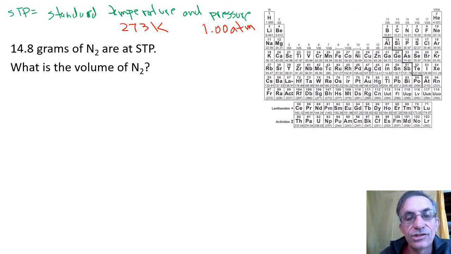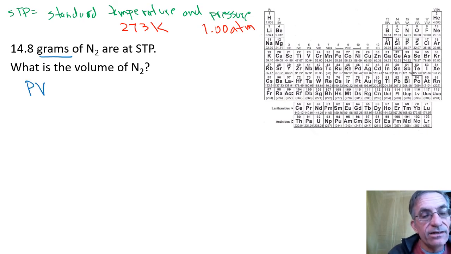14.8 grams of nitrogen are at STP. What is the volume of nitrogen? We've got a bunch of equations, so now we have to start knowing which one to use. As I said a minute ago, the tip-off that we have to use PV equals nRT is the fact that it says grams. Grams goes with moles, and moles is the n in PV equals nRT.